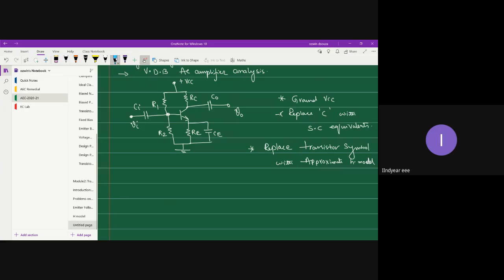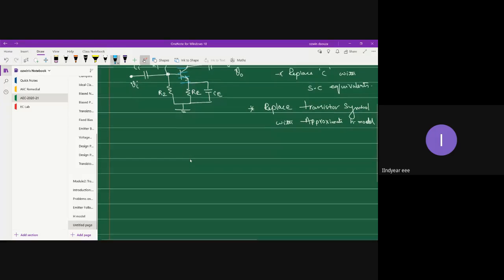So the transistor, let me take it in the blue color. Over here, first let me draw the H model of the transistor, the base. Okay, so in the H model, on the input side, we have HI. Since it is in common emitter configuration, it becomes HIE. All right.